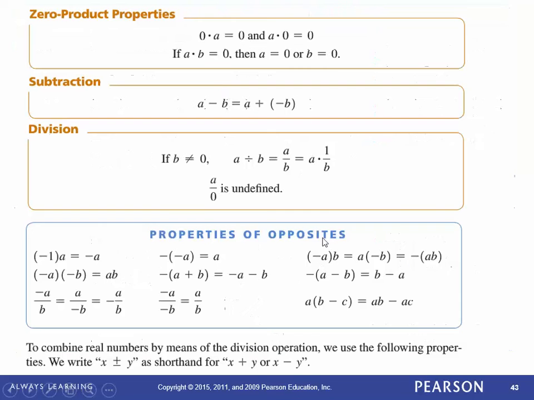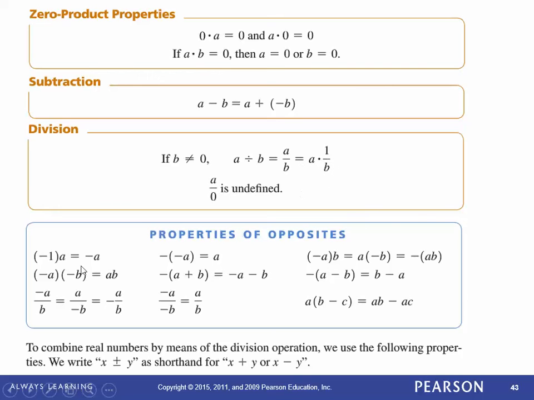Some more properties here. 0 times any number is going to be 0. And then if you have 2 numbers multiplying to 0, that means either the first number or the second number is going to be 0. The whole concept of subtraction: subtracting is the same thing as adding its opposite. Division: dividing is the same thing as multiplying by its reciprocal.